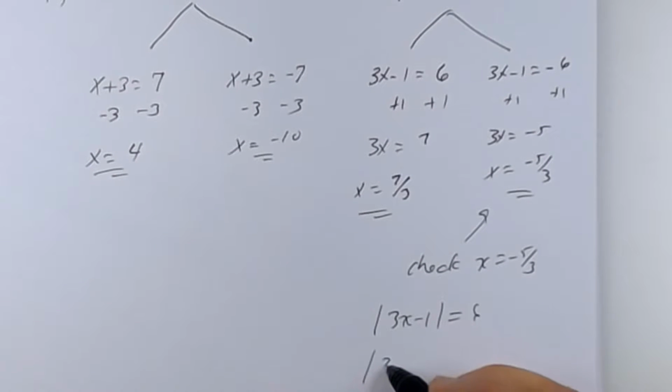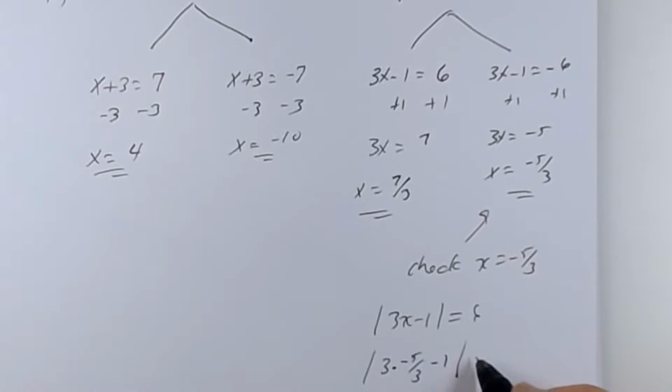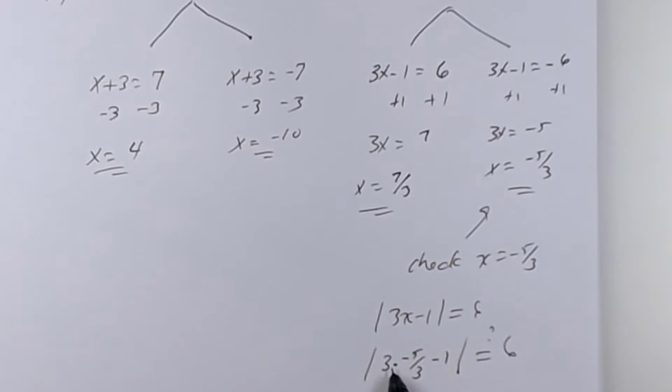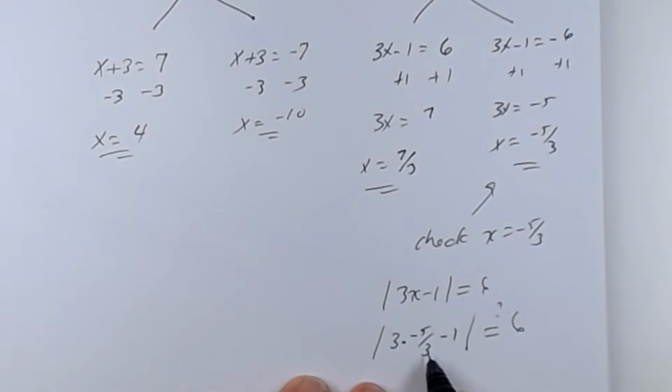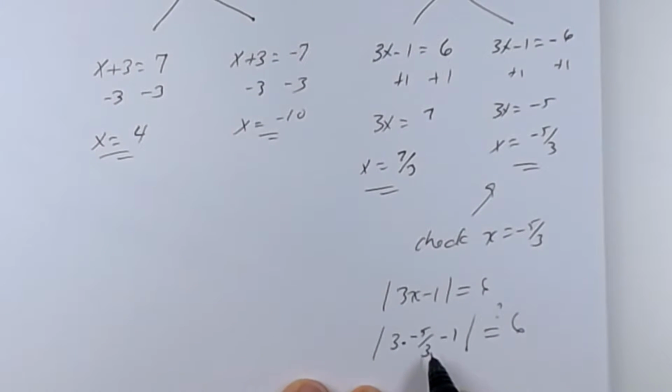So I get the absolute value of 3 times the negative 5/3 minus 1. See that 3x minus 1? And I want to see if that's going to equal 6. All right. What is 3 times negative 5/3? Negative 5, because the 3's divide out, right? What's a negative 5 and a negative 1? Is the absolute value of negative 6 equal to a 6? Yes. Okay, so it works out.